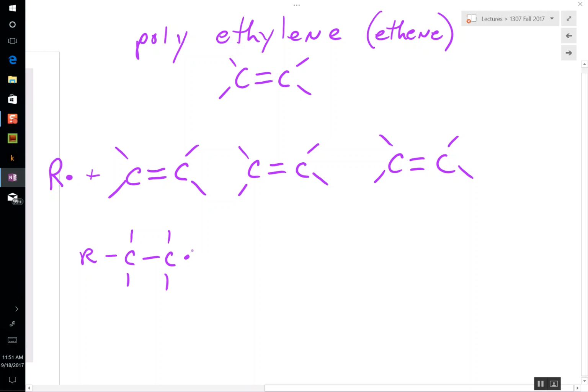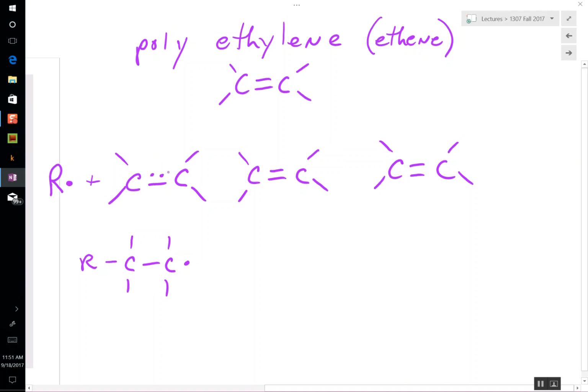So this thing comes in here, and remember, this is 2 electrons here. Looks like a smiley face, like an emoji of some sort. All right, this electron comes in here, and this electron comes in here, and you form this bond. And what does this electron do?